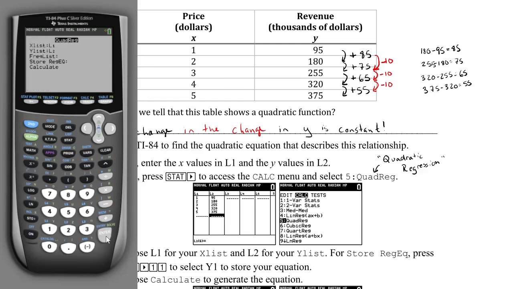I'm going to choose that option. My x values are in L1. My y values are in L2. I'm going to store my equation for later use. So I'm going to say vars, right arrow to get Y-vars, function Y1. And now I'm going to calculate.